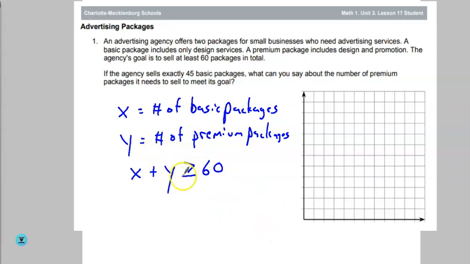So I know in that situation, the two intercepts are 60. So this time I'm going to count by tens. 10, 20, 30, 40, 50, 60. So I know 60 will be the intercepts.